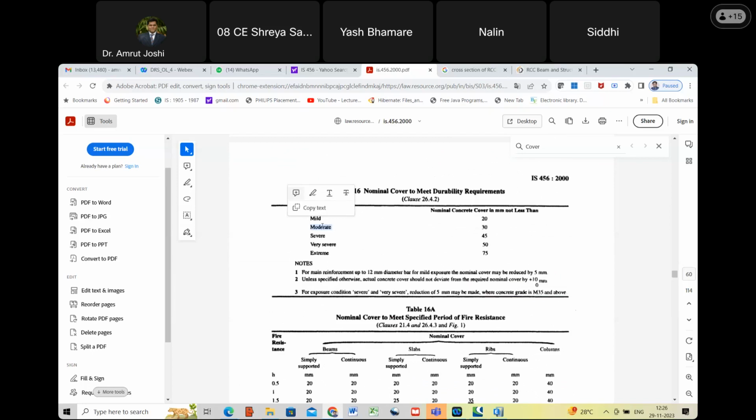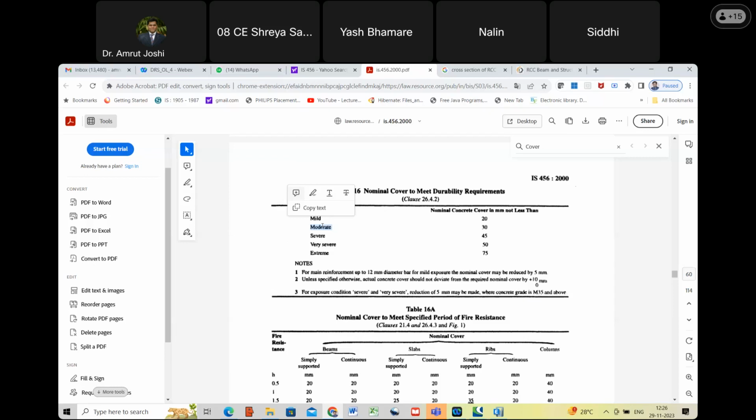As the environment becomes more and more humid, as you approach the coastal line, it becomes more and more severe. Are you with me? Yes, sir. If your structure is in the saline water, for example, the railway bridges that are constructed over saline water, sea, their piers will always be dipped into the saline water and they will be subjected to alternate cycles of wetting and drying.